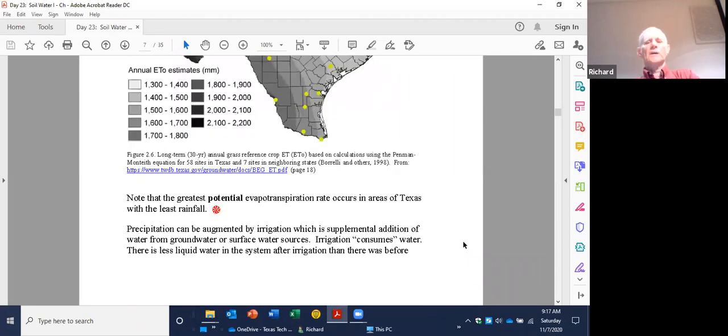Precipitation can be augmented by irrigation. Irrigation, as I previously mentioned, is supplemental addition of water from groundwater or surface water sources. Irrigation consumes the water. There is less liquid water in the system after irrigation than there was before.